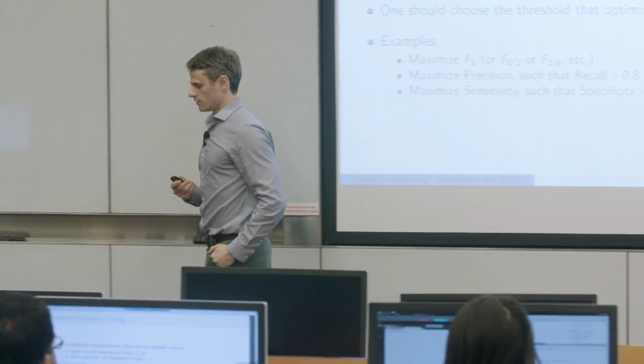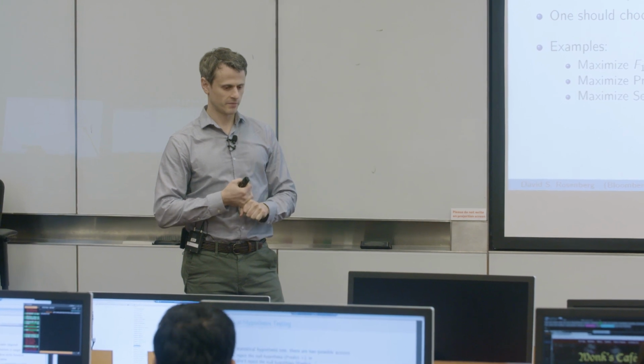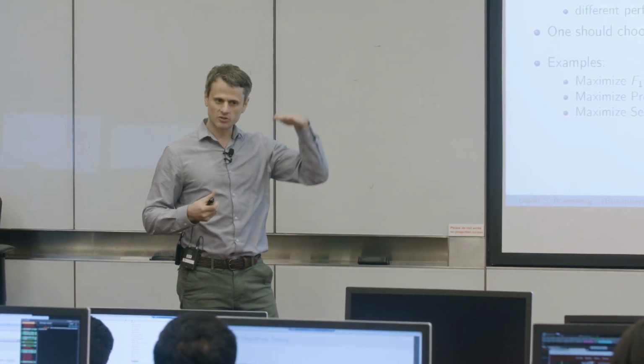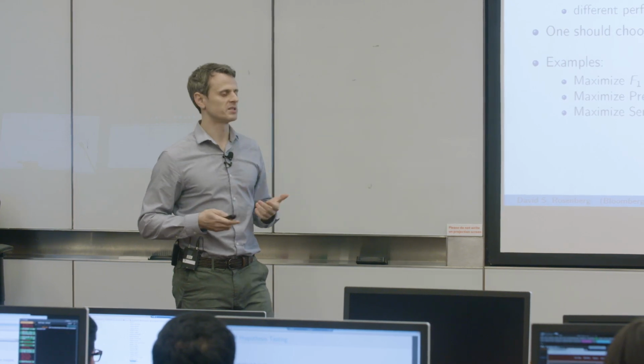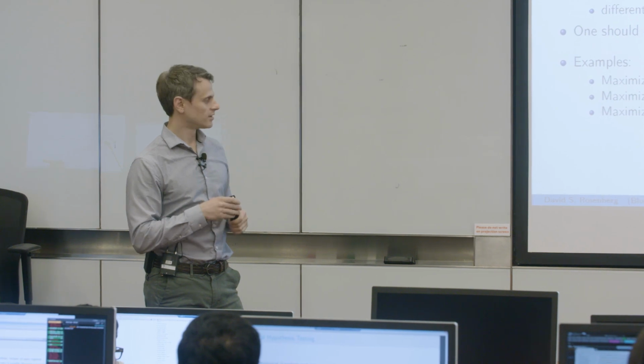So we've talked about performance metrics for a single prediction function, a single score function with a threshold. We've talked about changing your threshold to get different performance metrics. And then I want to introduce you briefly to these curves that show up all the time.